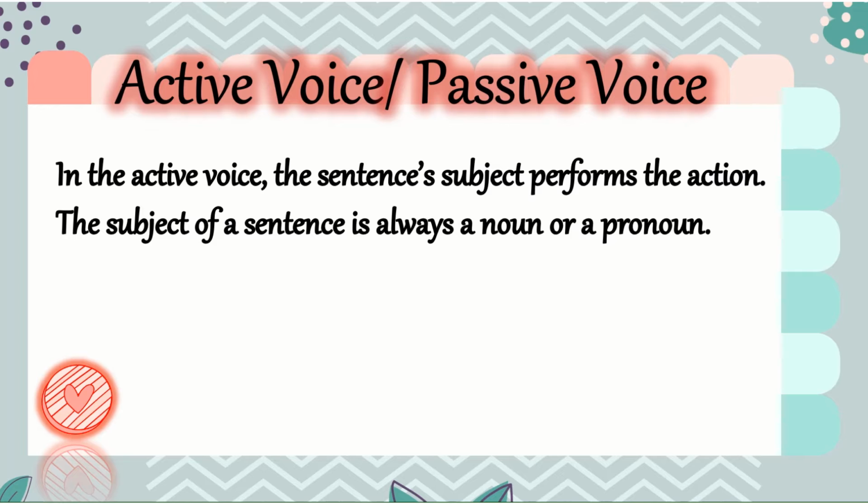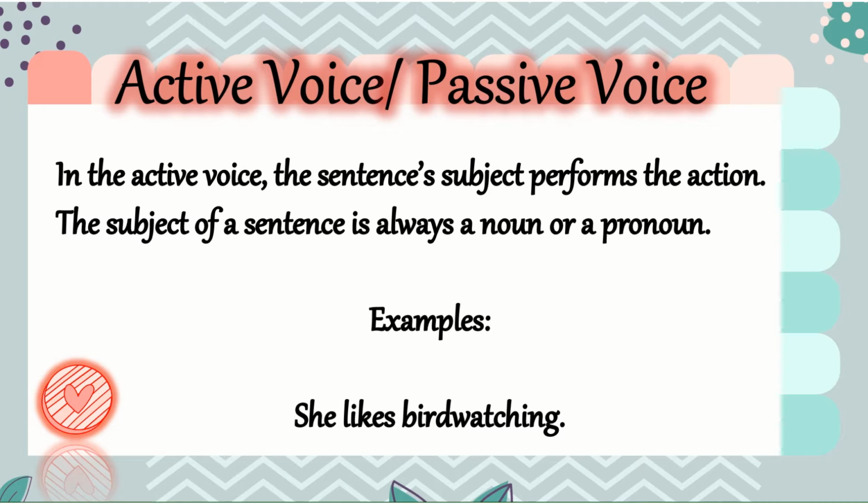In the active voice, the sentence subject performs the action. The subject of the sentence is always a noun or a pronoun. For example, she likes bird watching. So, in this case, you have an active sentence, a normal sentence, right? With the subject, the verb, and also the complement.